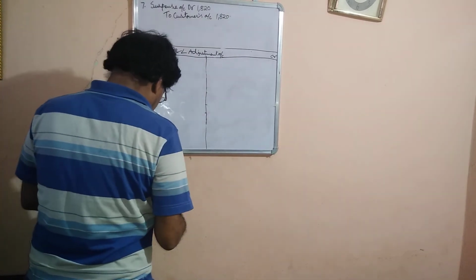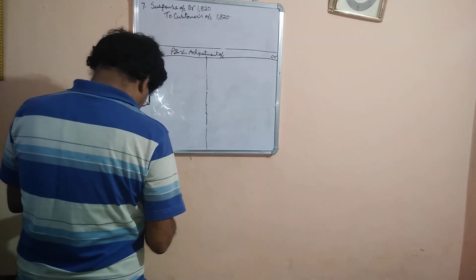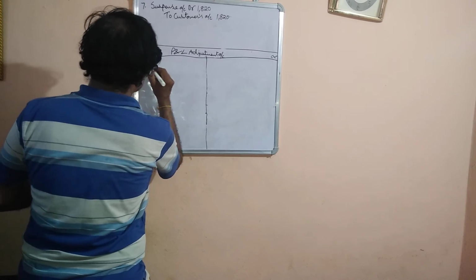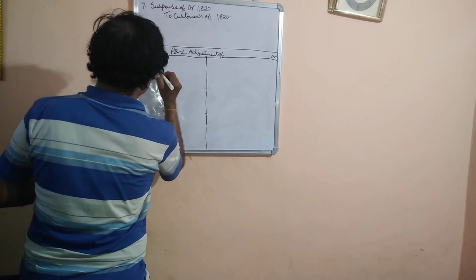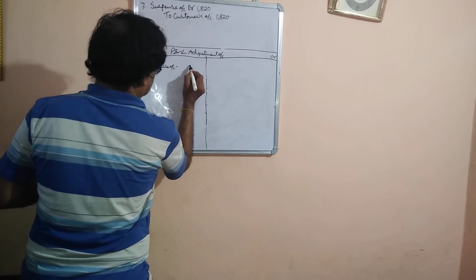Now what are the items that we are transferring to profit and loss account? We have to see them one by one. First is to suspense account 1,000 rupees.